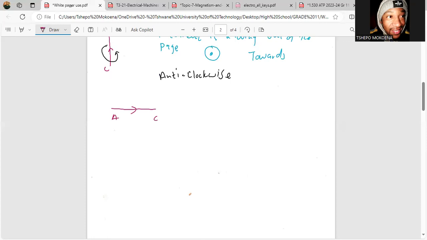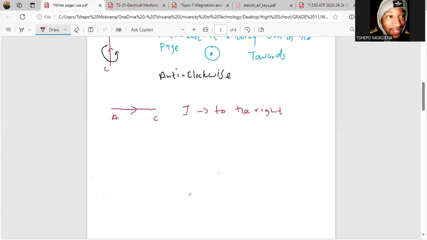Here, using the thumb pointing in this direction, we're going to say the current is simply moving to the right.